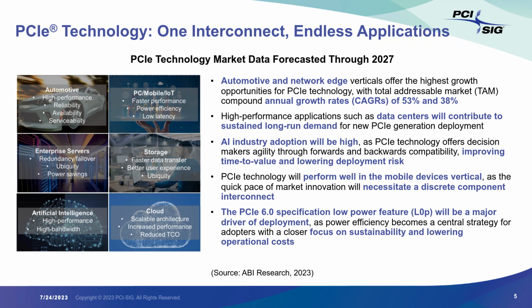This report is estimating CAGRs of 53 and 38% respectively. We see that PCI Express will continue to be used in high performance applications like data centers. It's been ubiquitous there. We're staying ahead of the needs. It'll continue to be used there. We see the AI industry adoption.